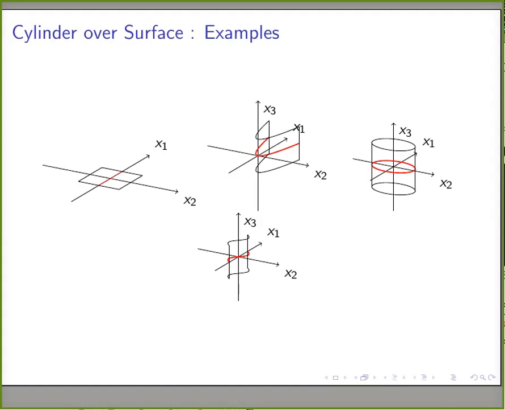This is the original surface, and from this surface we are constructing the function in the question, which is the function which defines the cylinder over the surface S given by f inverse of c, the newly defined f inverse of c. We have changed the f in the question to g and we are defining a new f.